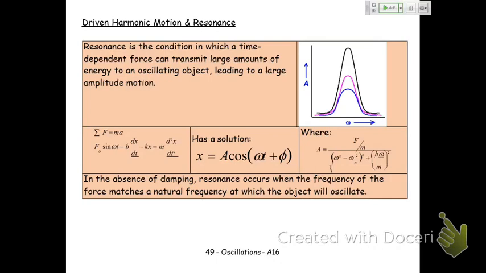But if I look at my natural frequency and I apply a driving frequency which is the same frequency, I add more and more energy. And so I get more and more energy in the spring, and so I get bigger and bigger amplitudes. That's resonance. Okay?